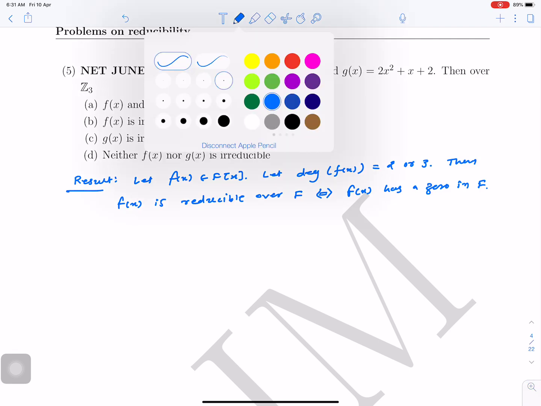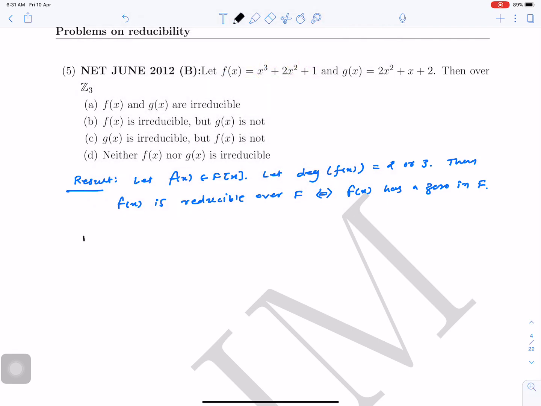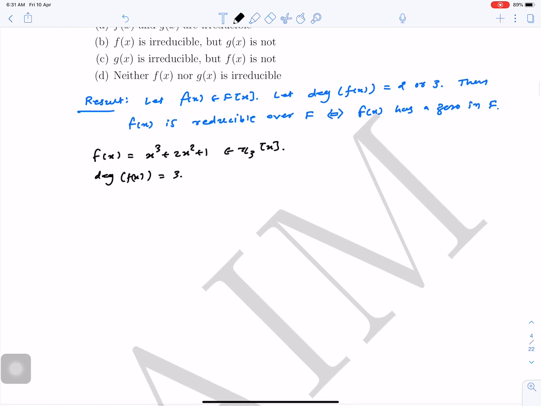So let us go for f(x). f(x) is equal to x cube plus 2x square plus 1 over Z3[x]. So here the degree of f(x) is equal to 3, and Z3 is a field, and it contains 0, 1 and 2.